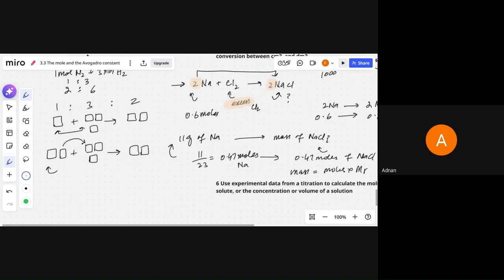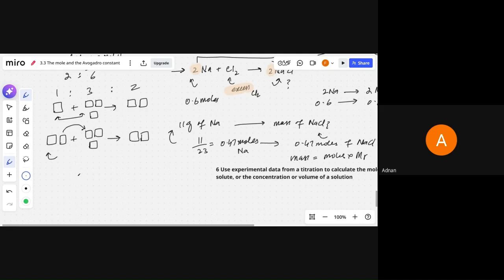Now let me give you a question. N2 plus 3H2 produces ammonia, NH3. If they change the mass or moles of both these reactants, you must find the limiting reactant first in order to calculate the amount of ammonia.